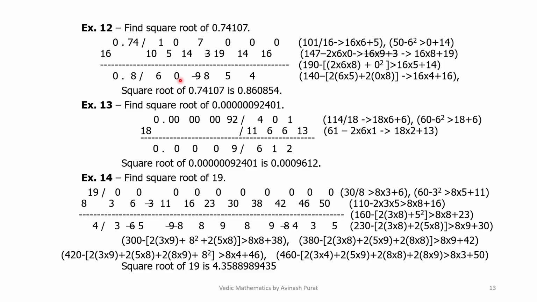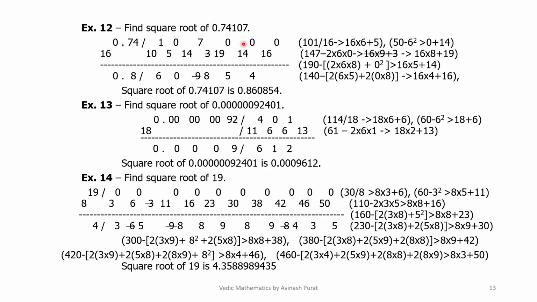So 0 is the quotient and 14 is the remainder. 147 is the next dividend, minus 2 into 6 into 0, that is 147 only. We can take 9 as the quotient, but the remainder will be 3.